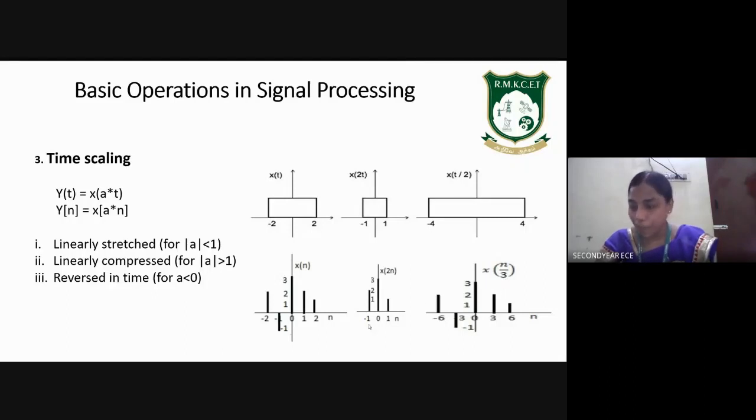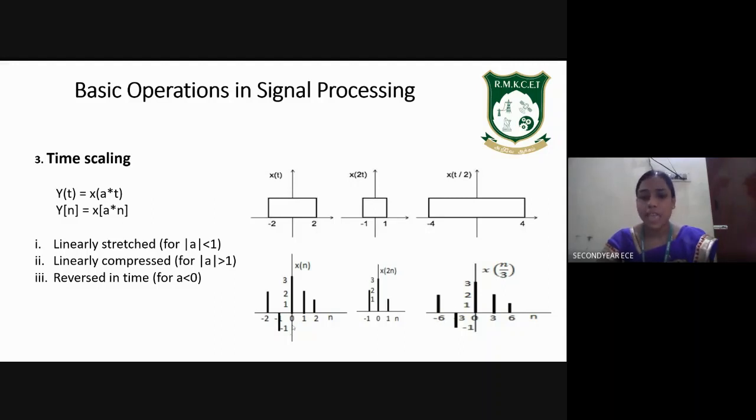We are going to plot x of n by 3 now. For that, first substitute, you start from minus 6. By doing some examples, you will yourself get why we are starting from minus 6.